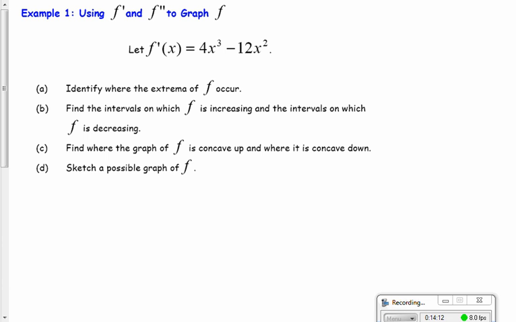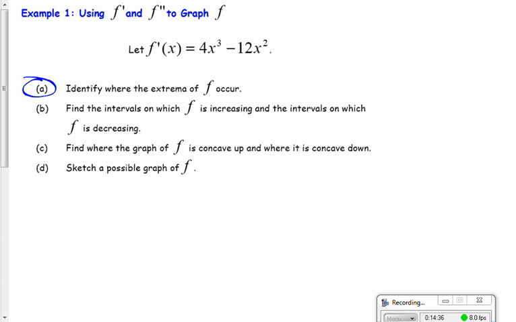We are given the equation for a derivative. Do we know anything about f? Not really. We might have some general sense of what f is, but at this point we're given an equation for the derivative. So, A, identify where the extreme values occur. What do we have to do to identify where extremes are?